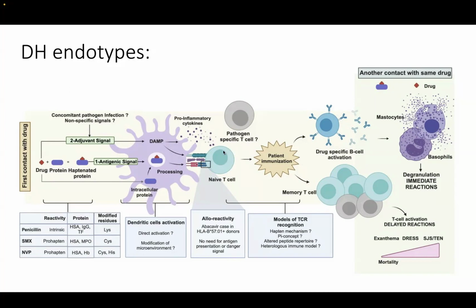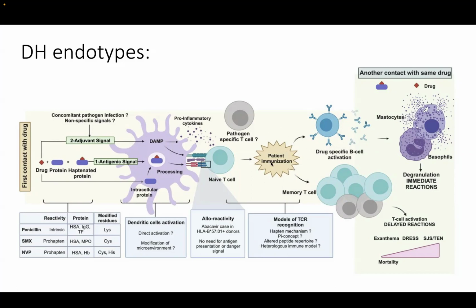And then you have a mature pathogen specific or drug specific T cell in the patient blood. Now your patient is immunized. So the patient is sensitized. That's what we call a sensitization.